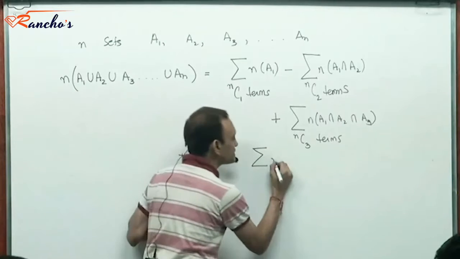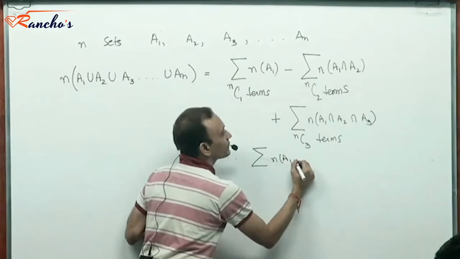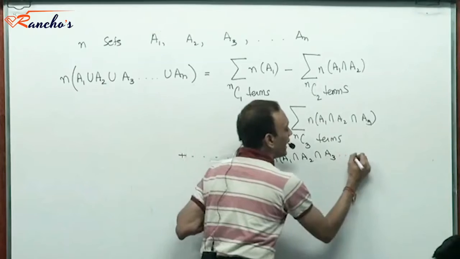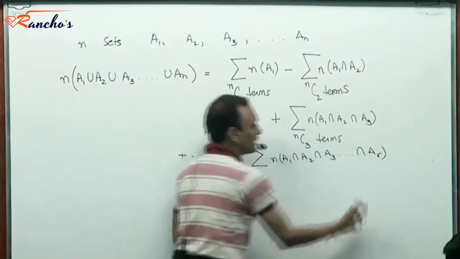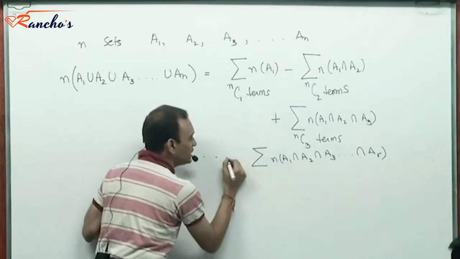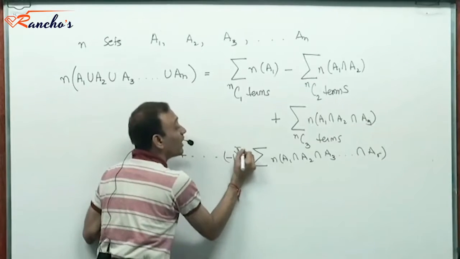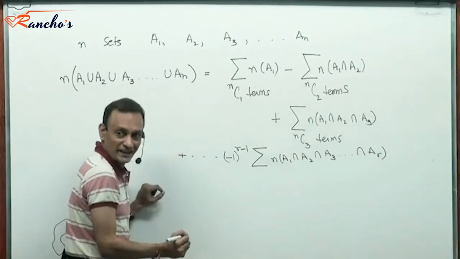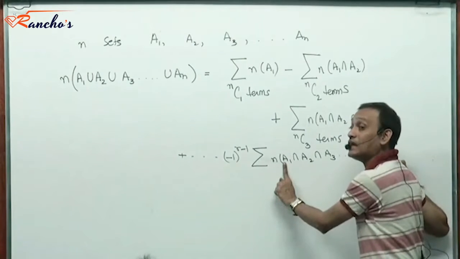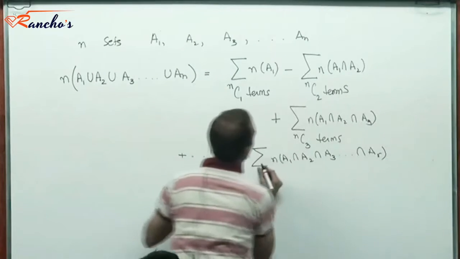R sets at a time means, say for example, A1 and A2 and A3 and AR. These are taking R at a time. And if you take R at a time, the sign in this is going to be minus 1 to power R minus 1 for the generic term. And if you take R at a time, then the number of terms in this summation will be NCR terms.